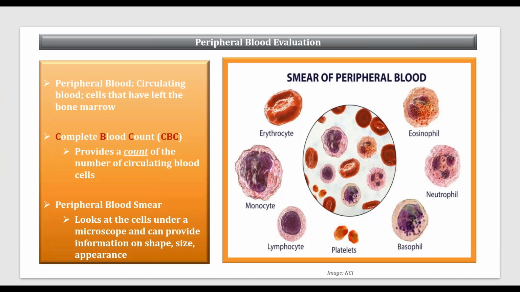Abnormalities seen within the CBC will then prompt a peripheral blood smear. In the CBC, we get the information about how many cells are present in the circulating blood, but with a peripheral blood smear, the cells can be looked at under a microscope and additional information on the shape, size, and appearance of the cells can be obtained.